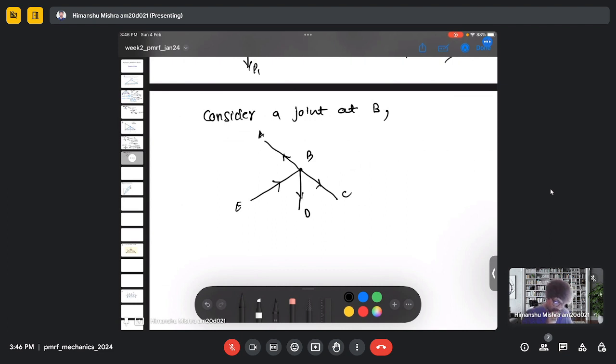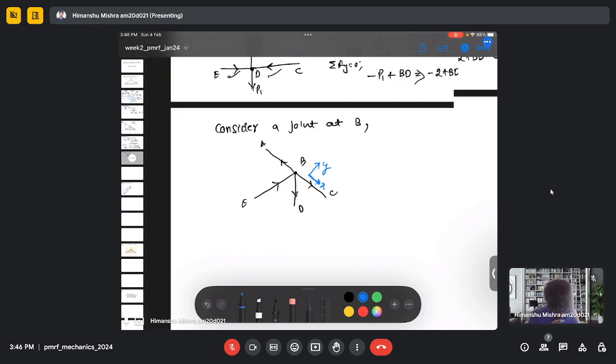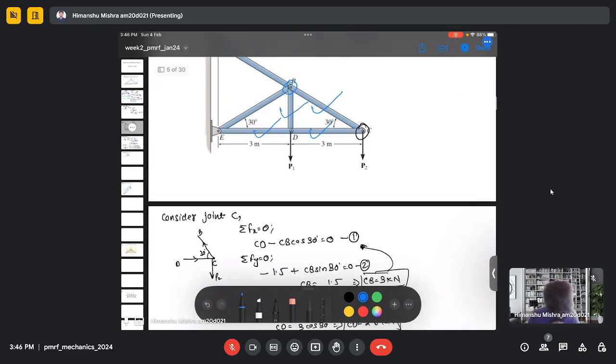And here we are aligning our coordinate system like this. This is my x-axis and this is my y-axis. And this is 60 degree. This is 90.